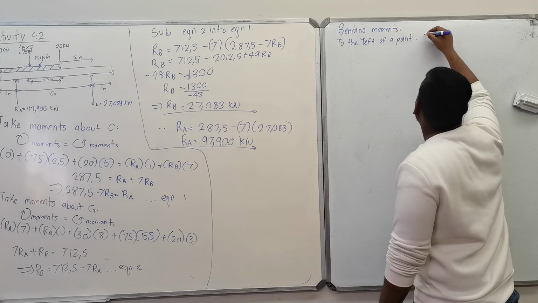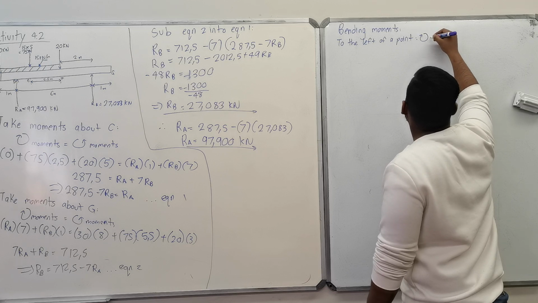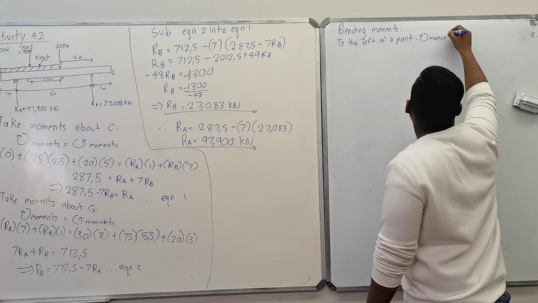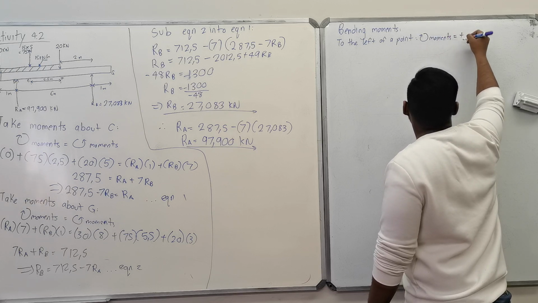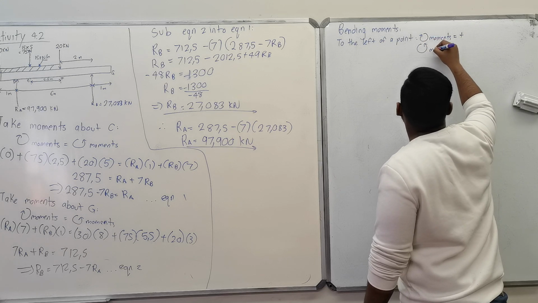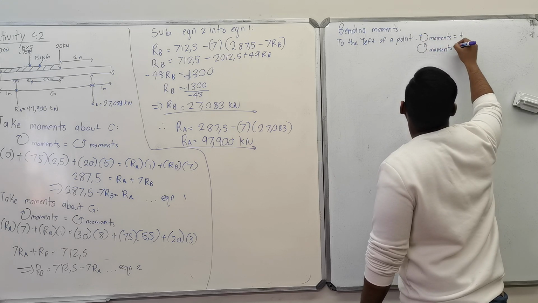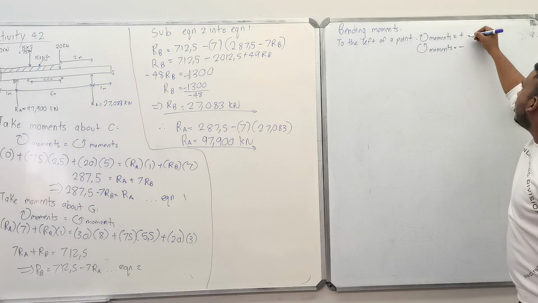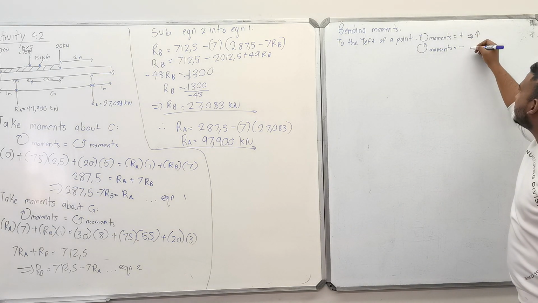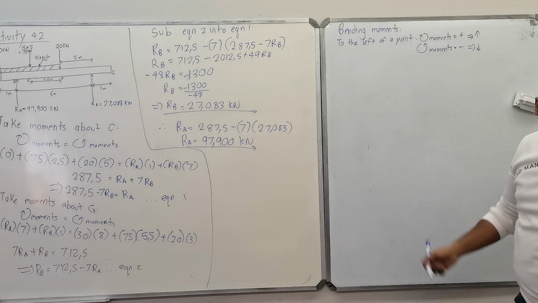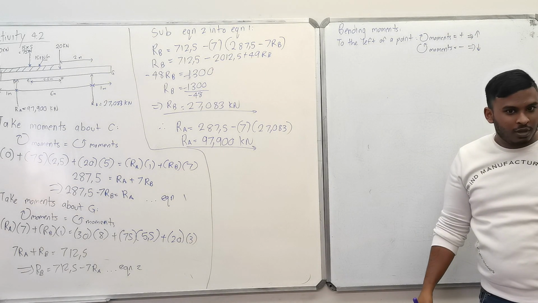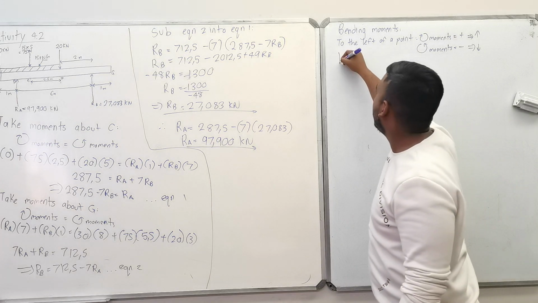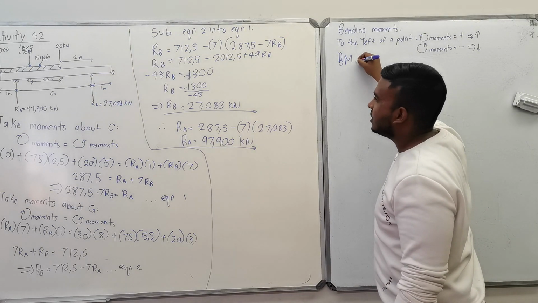What would you take your clockwise moments as? It will be a positive value, and your anti-clockwise moments will be negative. So instantly, what would happen? Your upwards values will be positive and your downwards values will be negative. Good. Okay.